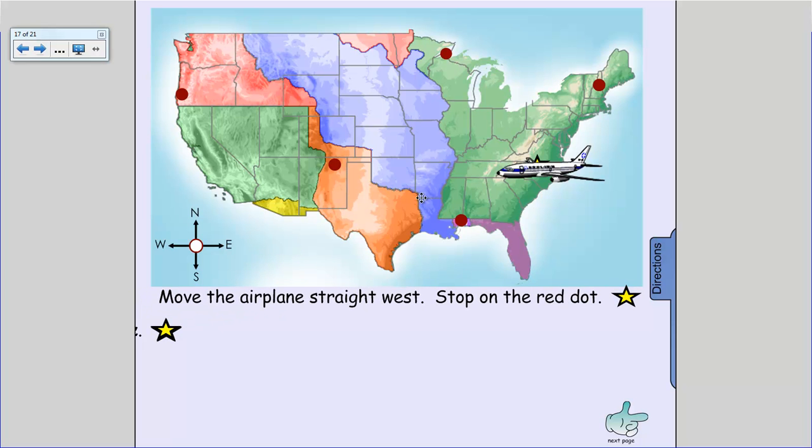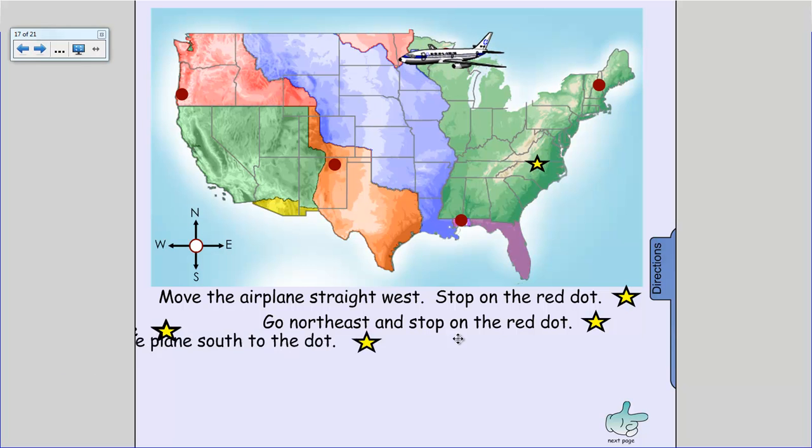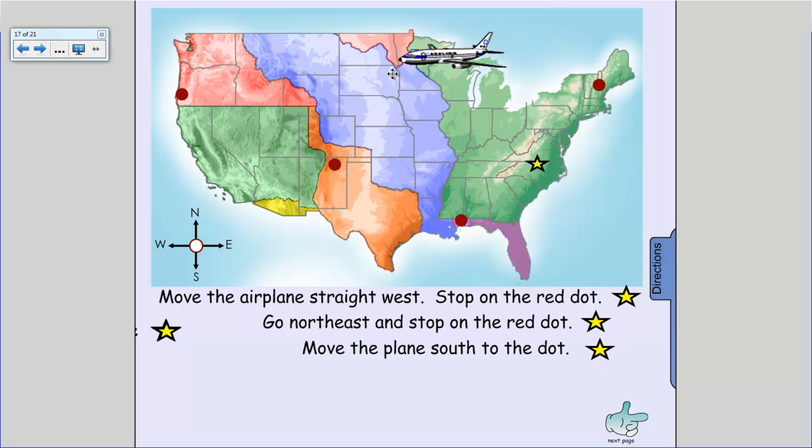So you pull out your stars and it tells you exactly where to move your airplane. And they can move it to the proper red dot after they pull their directions out.